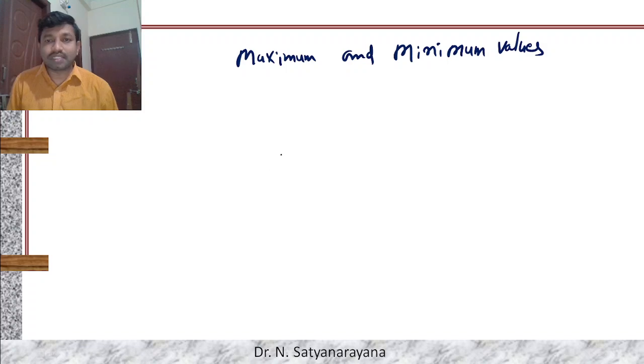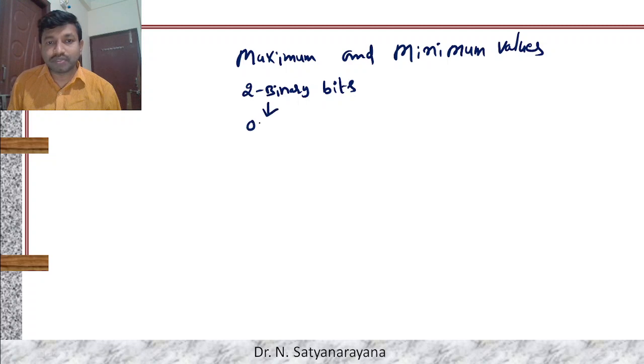Prior to this, I expect the students to know that the computer understands binary numbers. I expect that they know the binary system and the decimal number system. For example, if I have two binary bits, what are the possible combinations of two binary bits?